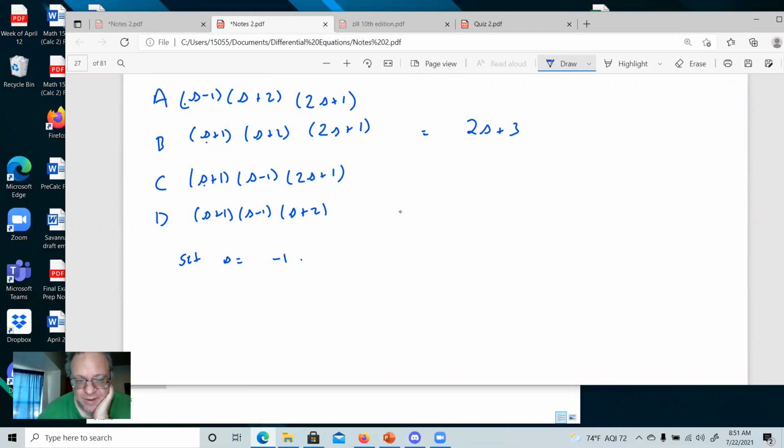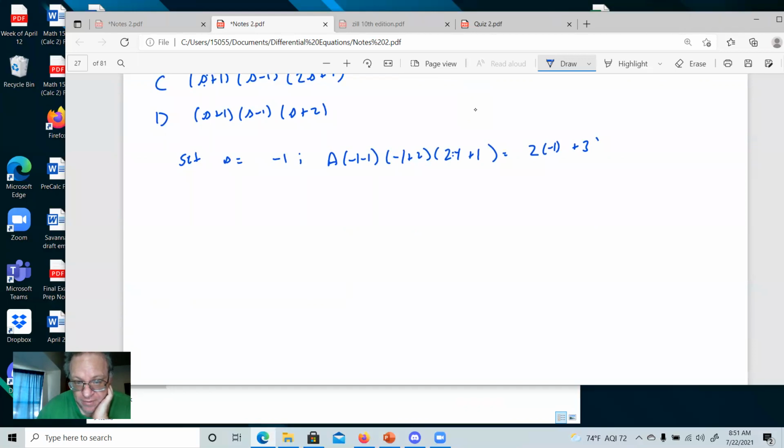So what we have is A times (-1 minus 1)(-1 plus 2)(2 times -1 plus 1), and this is equal to 2 times -1 plus 3. All I did was set s equal to -1. All of these terms are going to end up as 0, -1 over here on this side as well, and we're just going to solve for A. Right? So we're going to have A, -1 minus 1. So if you're $1 in debt, you spend $1.